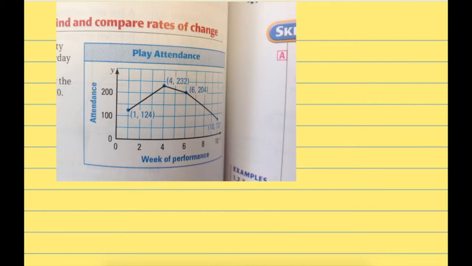So you notice that on the graph, the input is measured in weeks. So each of the input values tells us what week it is. So here's our first week, second week, third week, and so on. And the graph shows the attendance for the performances. So here's our attendance along the outputs. Okay. And it only gives us the exact information for weeks 1, 4, 6, and 10.